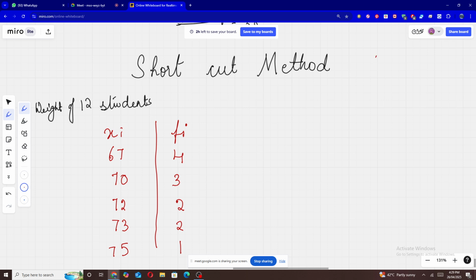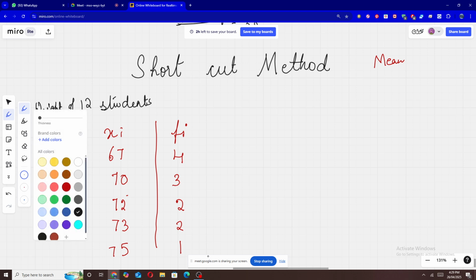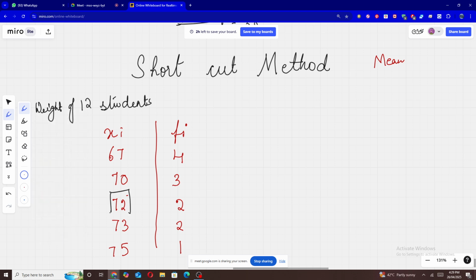We are finding the mean of weight, so you will find the mean from this column. You have to assume a mean. I will take 72 as the mean because 72 is coming in the middle. It's okay because it is an odd count.